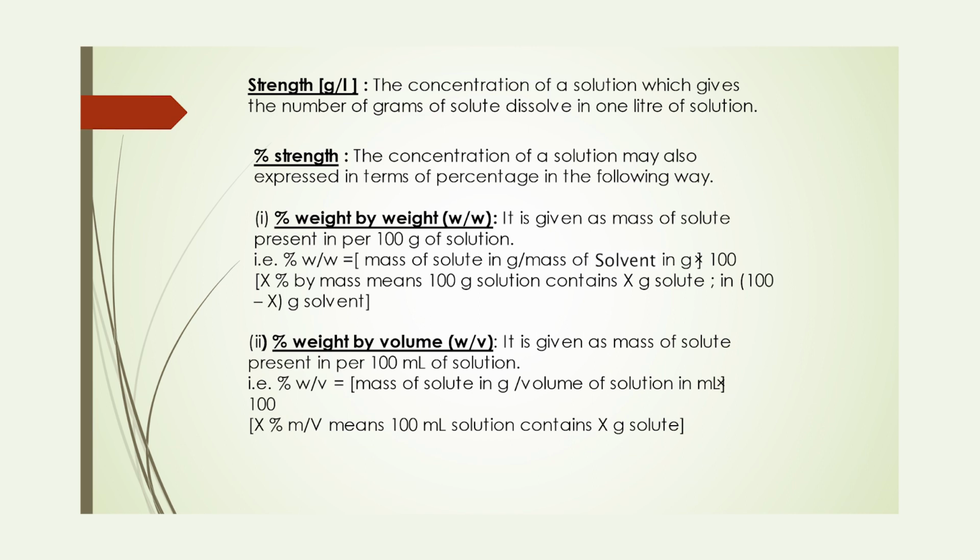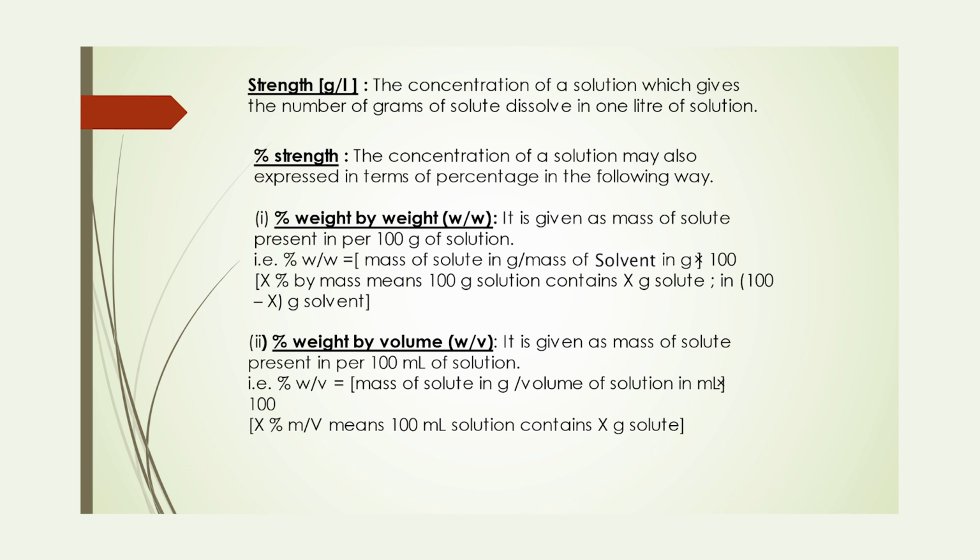So, percent m by m is equal to 5 gram divided by 95 plus 5 into 100, which is equal to 5 divided by 100 into 100 means 5%. So, it is 5% mass by mass solution.